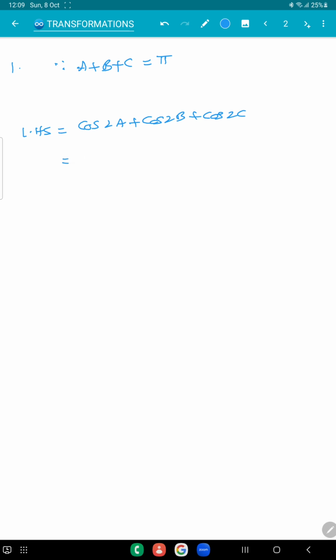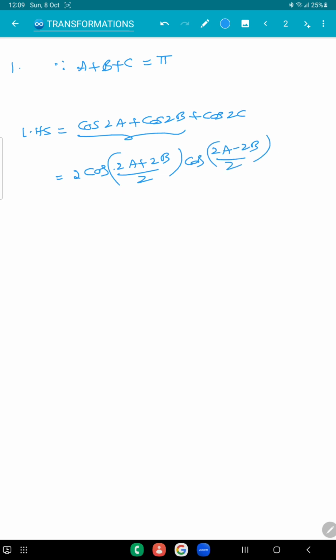For this one we have to apply the formula cos C plus cos D. Cos C plus cos D is 2 cos of (C plus D) by 2 cos of (C minus D) by 2. So it is 2 cos of (2A plus 2B) by 2, cos of (2A minus 2B) by 2, plus the third term cos 2C as it is. 2 times cos of (2A plus 2B) by 2, which means A plus B, cos (A minus B), plus cos 2C.